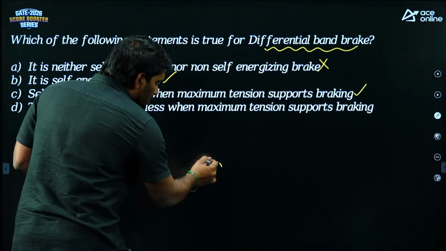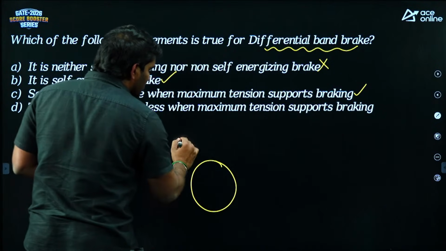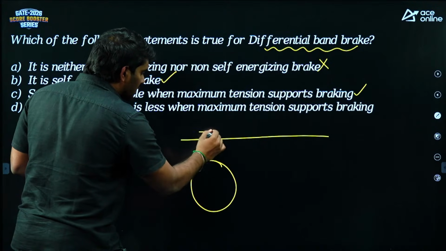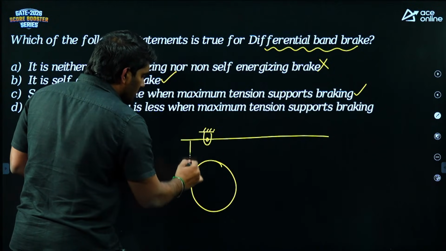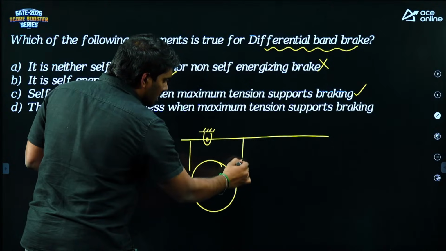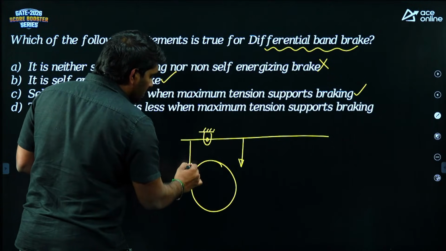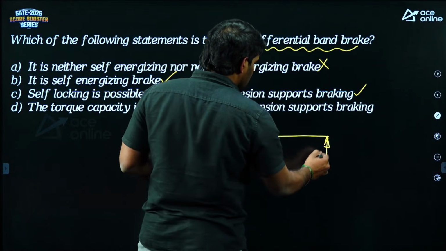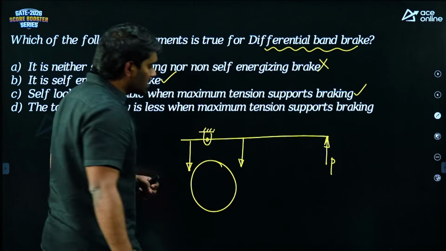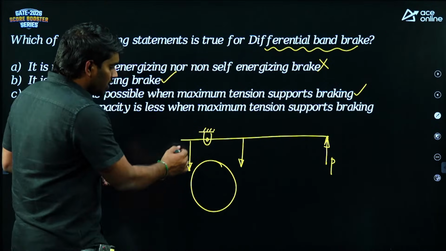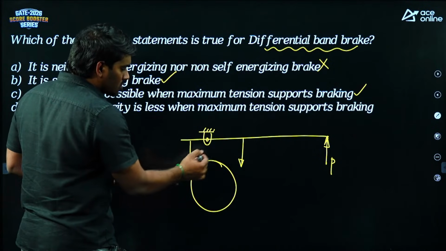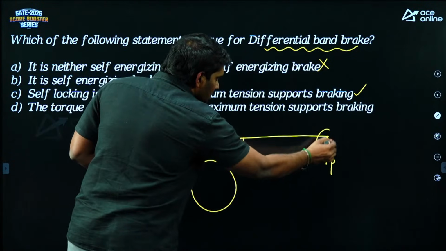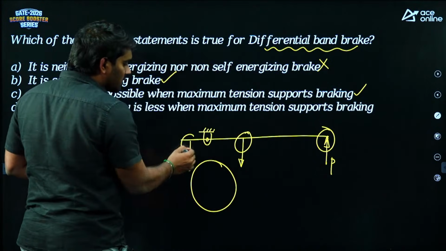Okay, so let me consider this to be the arrangement, as we have this to be the lever. Let's assume this to be the fulcrum. And we can notice that these are the tensions that we are getting, and let's assume this to be the load which is applied. Okay, this is P. For this case, if maximum tension is on, if this is action, this is reaction, this is our support.